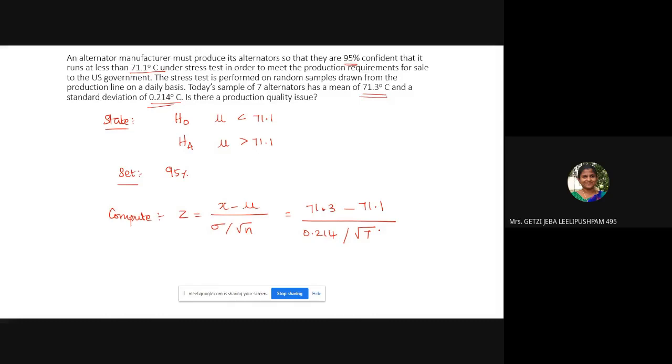When you do the calculation, you get 71.3 minus 71.1 divided by 0.214 divided by 2.645. And at the end, you will get the value Z equal to 2.472.